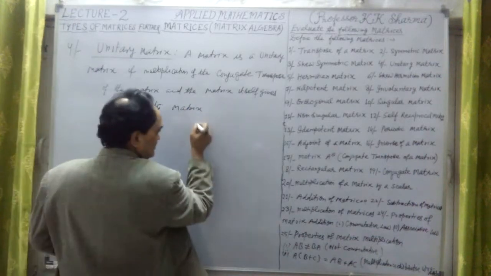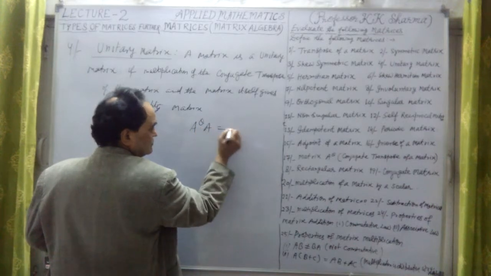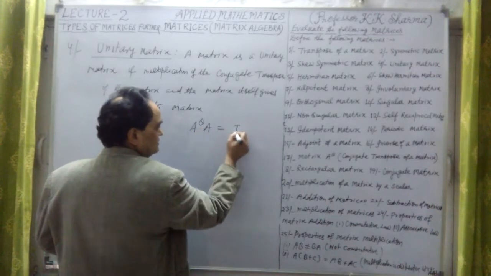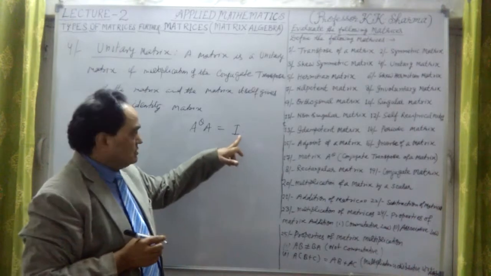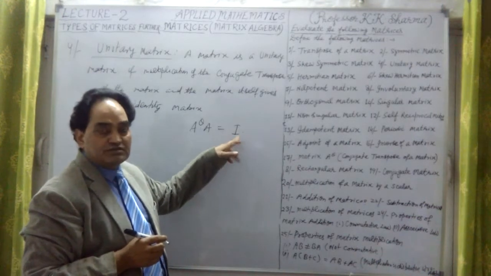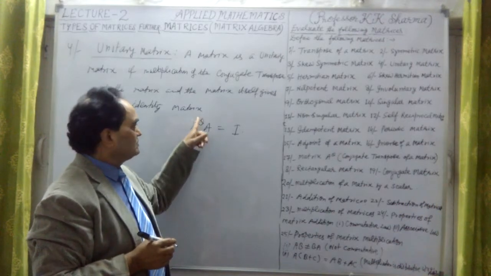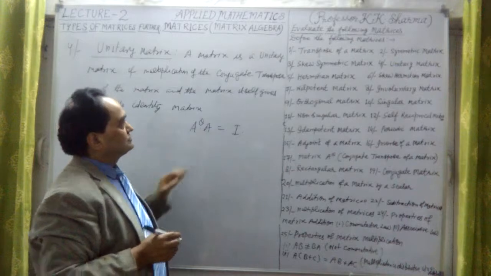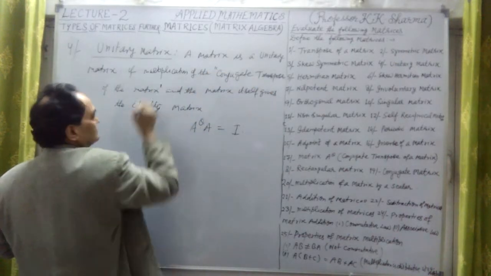That is, A theta into A gives us I. I is the identity matrix, or unit matrix. This unit matrix is obtained after multiplying A theta into A, where A theta is the conjugate transpose of the matrix.